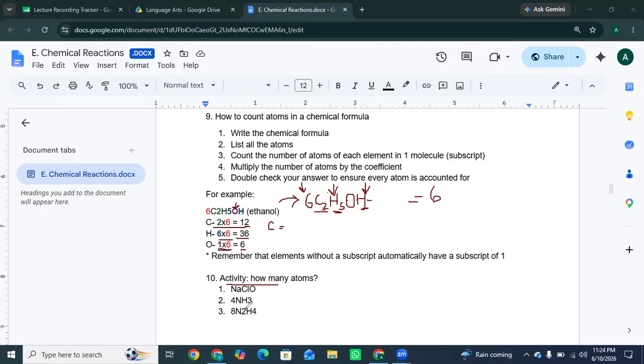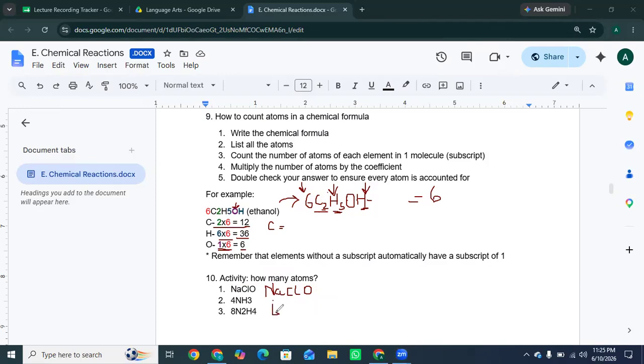So the first one is sodium hypochlorite. Okay. Look at this carefully. You see that no big coefficient in front means we are just looking at one molecule. Okay. NaClO, let's break it down. Na means sodium, Cl means chlorine, and O means oxygen.